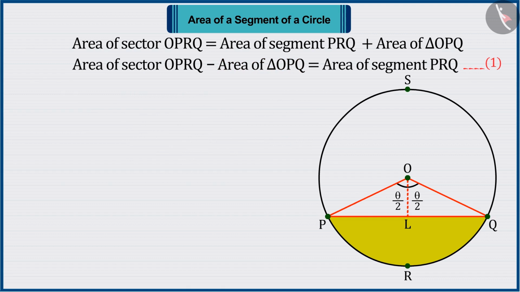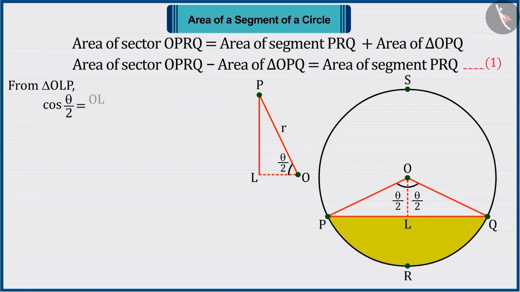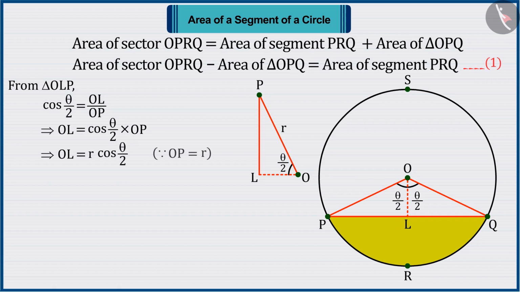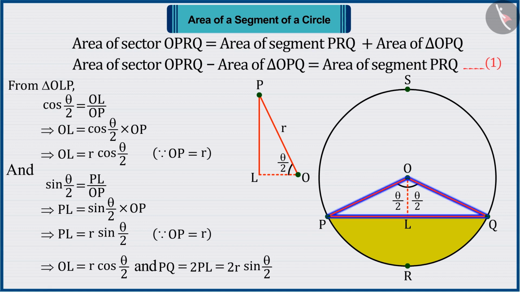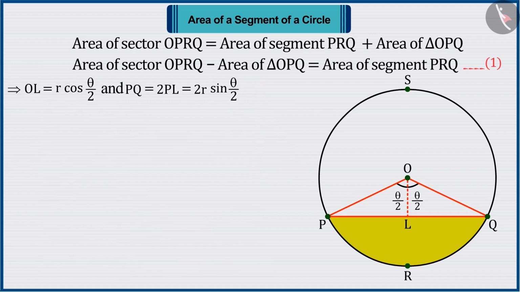Now if we talk about triangle OLP, we know that cos theta upon 2 equals OL upon OP. From this, we get the length of OL as r cos theta upon 2. Similarly, sin theta upon 2 will be equal to PL upon OP, from which the value of PL is found as r sin theta upon 2. We know that in triangle OPQ, the base PQ is twice PL.